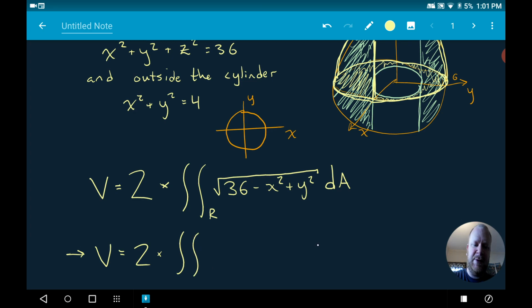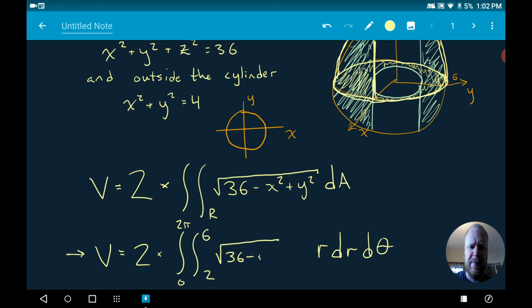And in polar coordinates, if I change this to r dr d theta, then r is going to be in between, so it starts at 2 and ends at 6. And my theta is going to be from 0 to 2 pi. This piece here, I want it in terms of r and theta. So I'm going to say that this thing is the square root of 36 minus r squared.